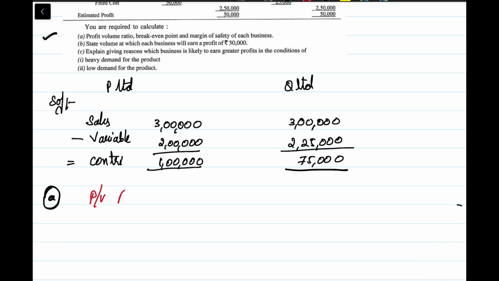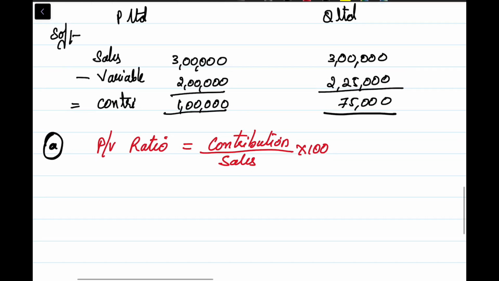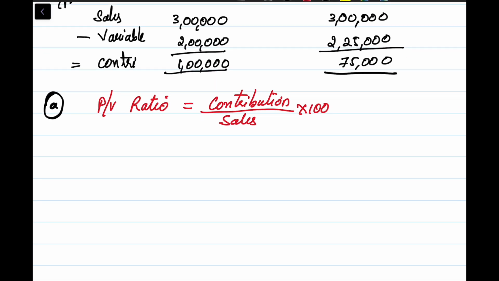Let us start with the PV ratio. The formula for PV ratio is contribution divided by sales into 100. For P Limited, the contribution we have calculated just now is 1 lakh, divided by sales 3 lakh, which is given in the question, into 100.